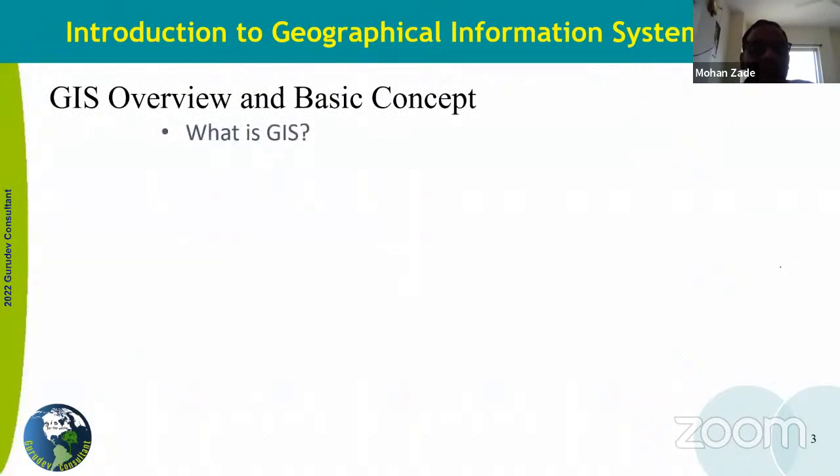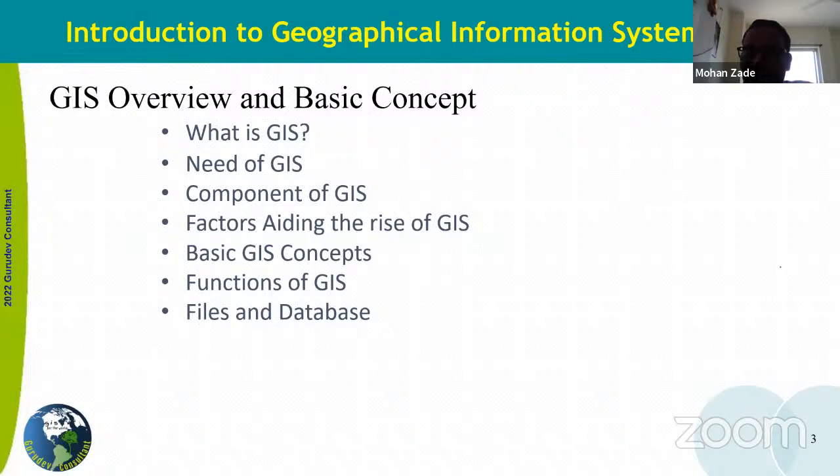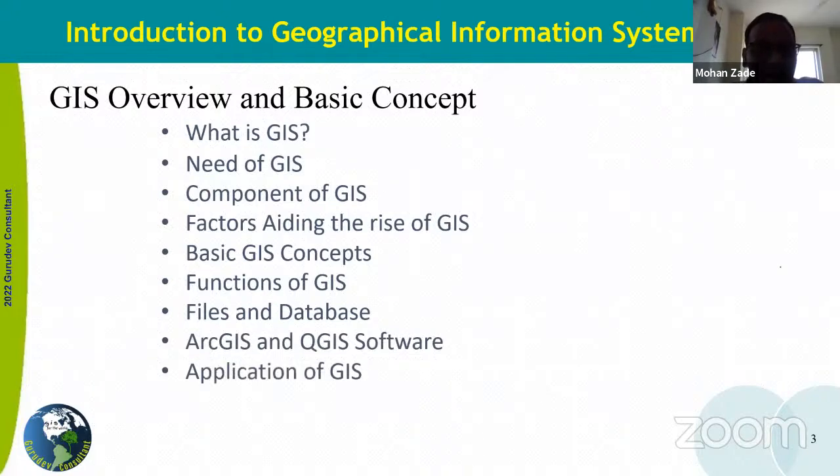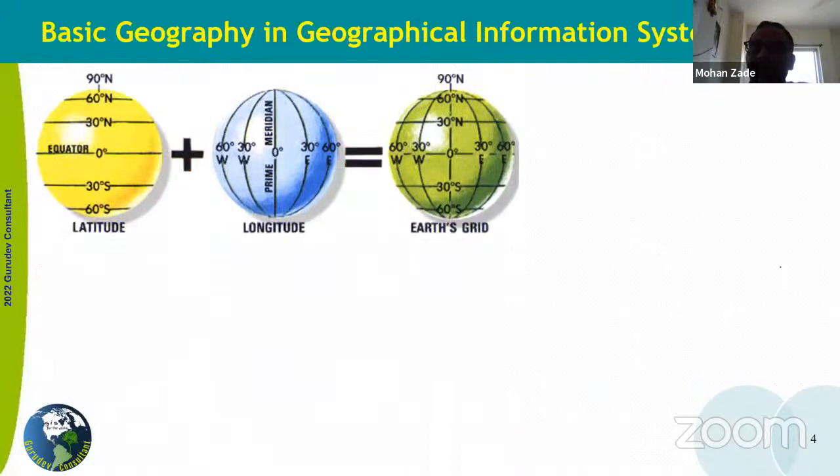What we are going to learn: GIS, need of GIS, what are the components, why it has risen or is now used in many applications, basic concepts and a few functions, files and database, as well as some software, that is ArcGIS, as well as QGIS, and then applications of GIS. In this I'm going to cover some basic things that help you to understand the basic coordinate system of the GIS.